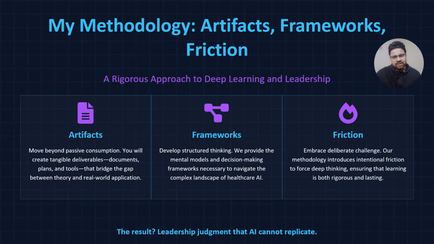We provide structured thinking through mental models and decision making frameworks essential for navigating complex healthcare AI. We embrace deliberate friction in this course, introducing challenges to force deep thinking and ensure lasting learning. This kind of rigorous approach, what I have observed with all my students, builds leadership judgment that AI cannot replicate so far.